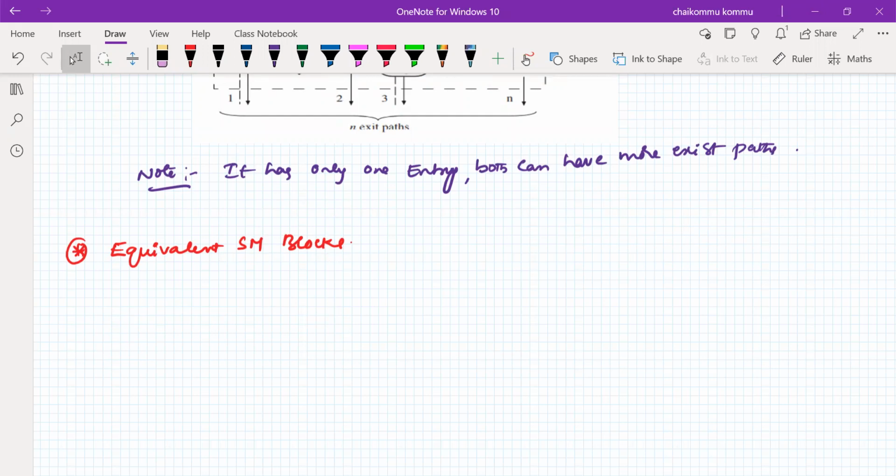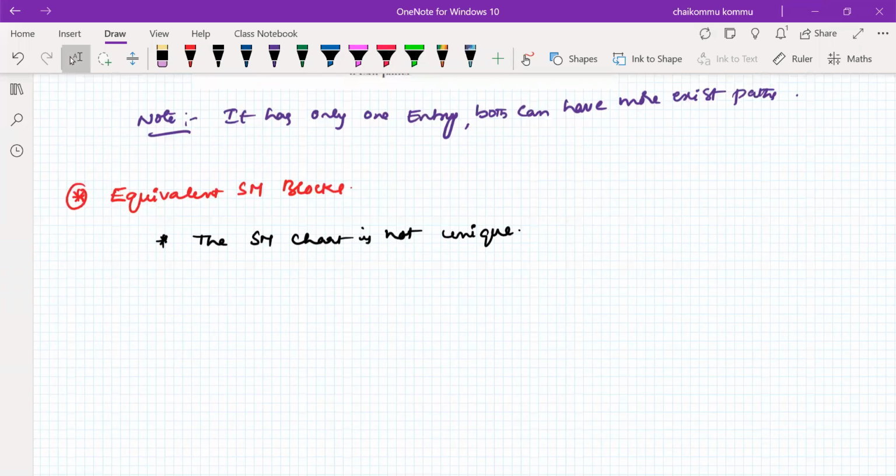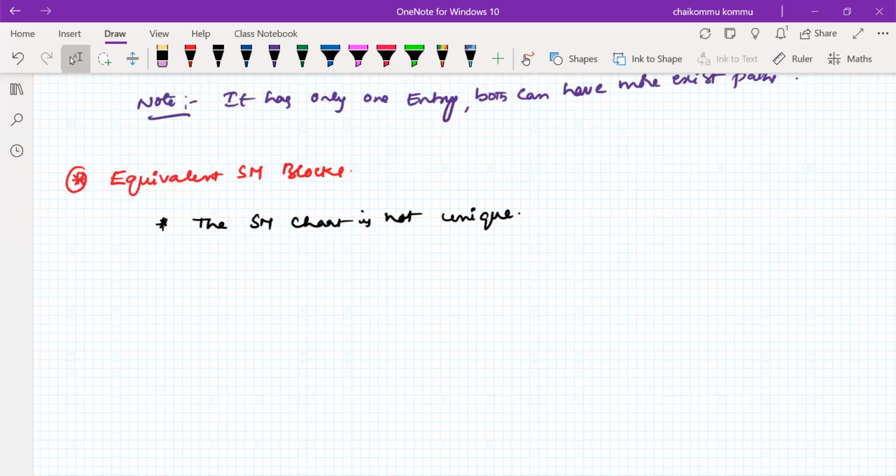For the sake of definition, I'm writing on top: the SM chart is not unique. Okay, it's not unique. Therefore, let us consider one example.